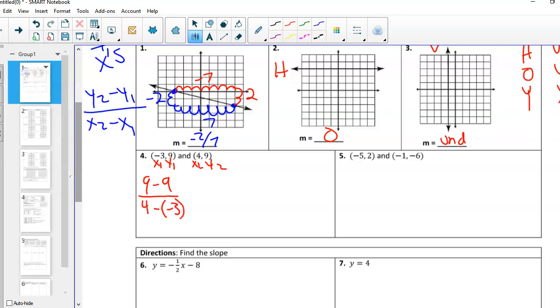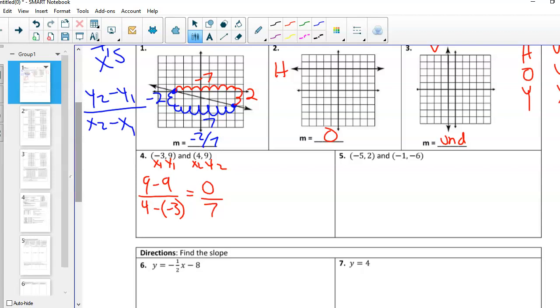Remember that you're always subtracting, but if you have a negative and you're subtracting, they become positive. 9 minus 9 is 0. 4 minus -3 is positive 7, because you're adding.